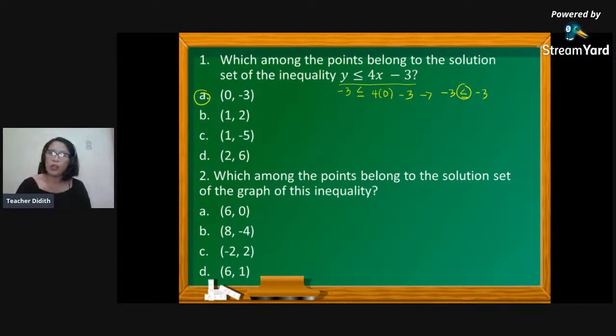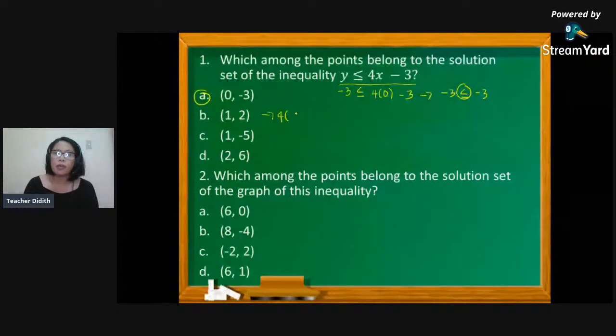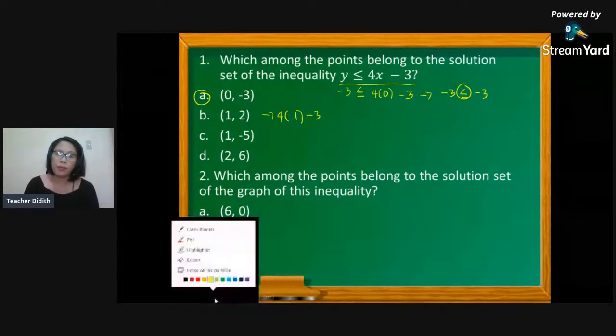Okay, some of you are saying that the answer is A. Let's verify the other options. So for B, we have 4 times 1 minus 3. Maybe we start with y.